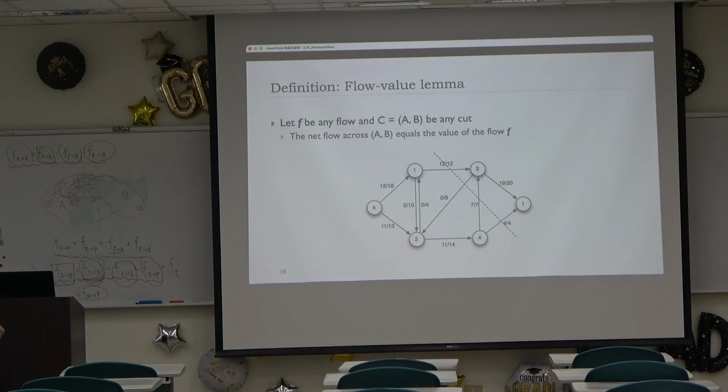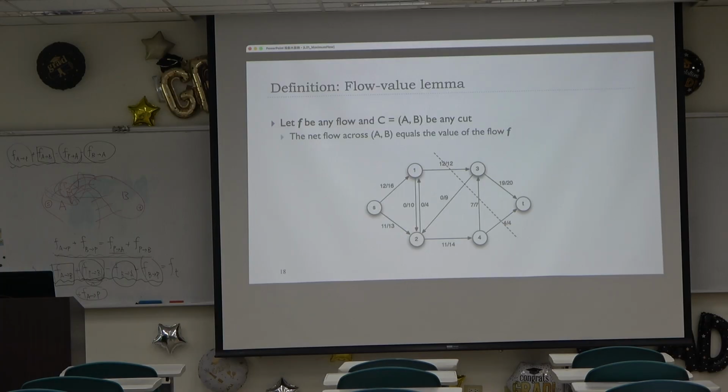Because for a cut, one side is set A, the other side is set B. And set A contains the source node S. Set B contains the sink T. So if you have an augmentation path, that augmentation path must somehow go through this cut.